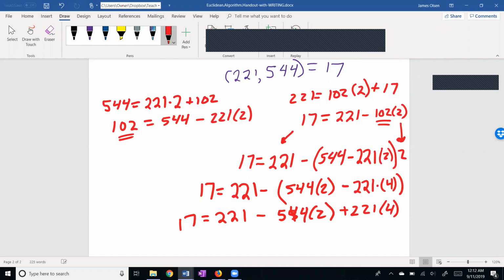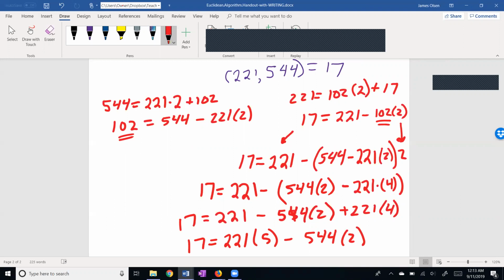Now, how many copies of 221 do I have? I have 1 copy in front and 4 copies back there. So I have 5 copies of 221. Whoops, not 222. Get my eraser. 221 times 5 minus 544 times 2. And you want to check this on a calculator, and it does check.